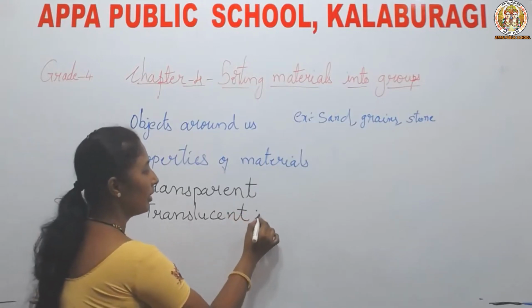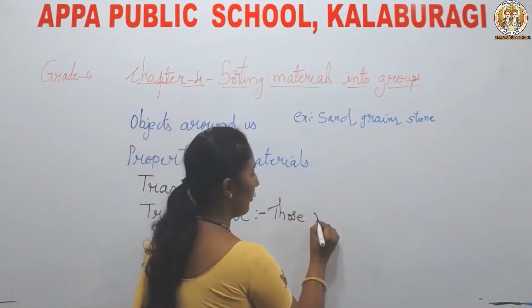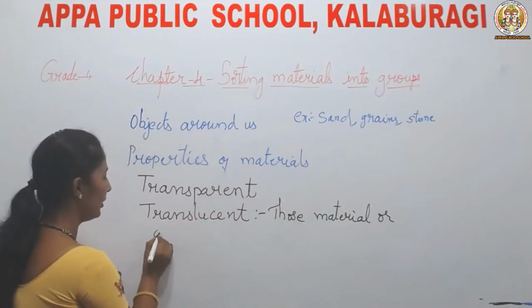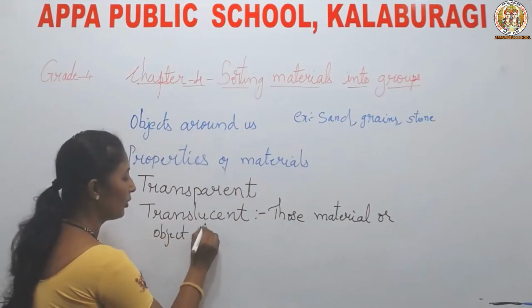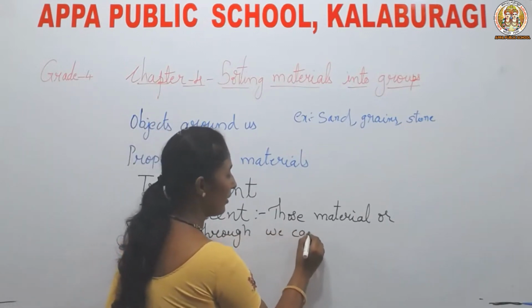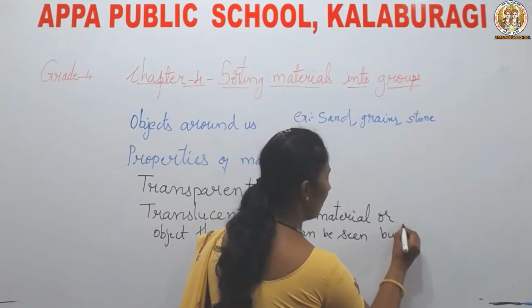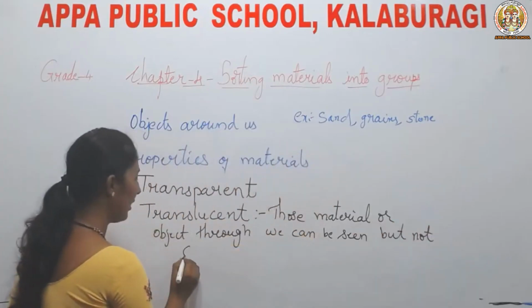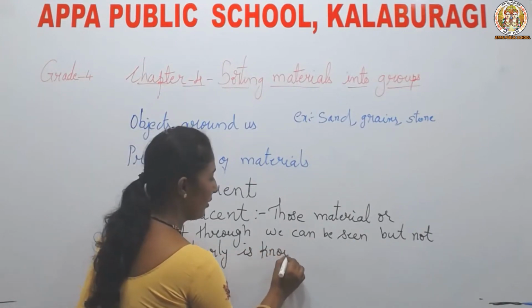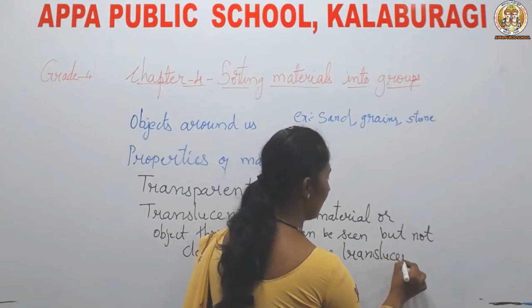Translucent object. Here, those materials or objects through which we can see, but not clearly, these objects are known as translucent.